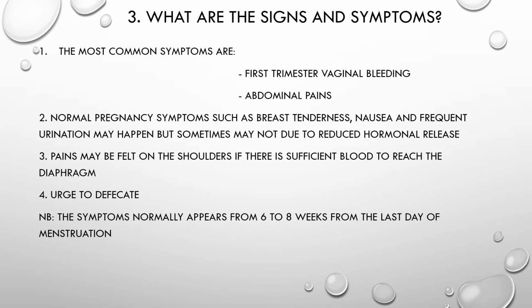What are the signs and symptoms? What are the things that you should be aware of so that you can say that you're suspecting ectopic pregnancy? The common symptoms, they say, in the first trimester, meaning within the first 3 months, there will be vaginal bleeding.